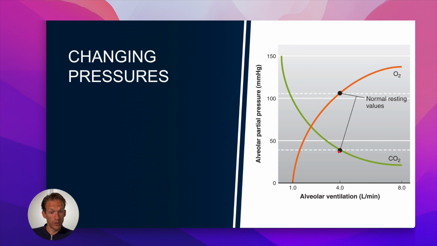If the alveolar ventilation decreases, the alveolar partial pressure will go up, and basically the opposite happens for O2. And these points represent the normal values, so from there, a slight increase or a slight lowering in minute ventilation will have a direct effect on the partial pressure inside the alveoli.